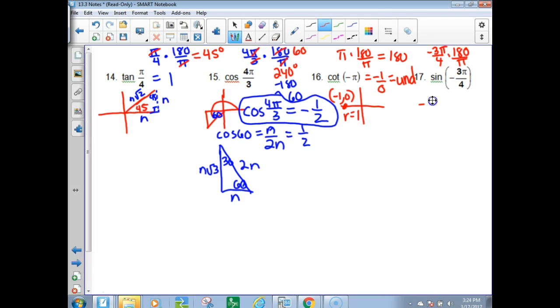What's that, 135? Negative 135 degrees? All right, that puts me here. And then to get to the x-axis, I would need 45 degrees more. So it's a 45, 45, 90 special right triangle we need.